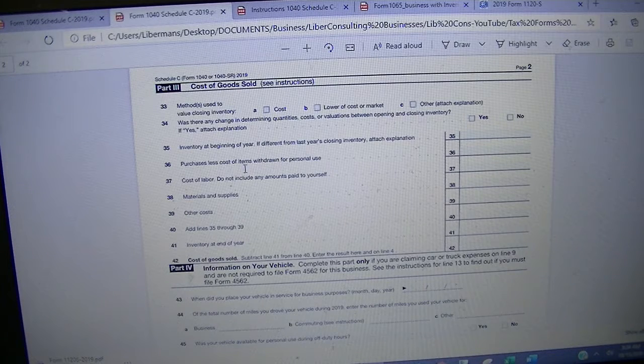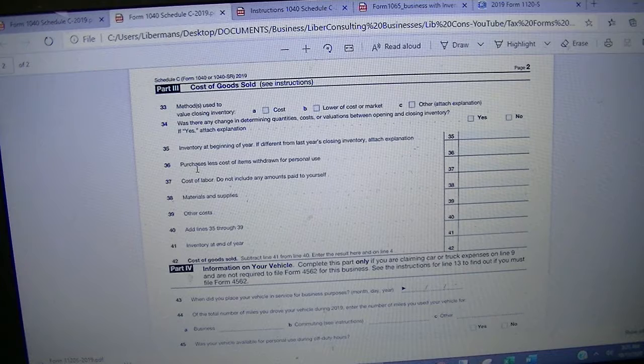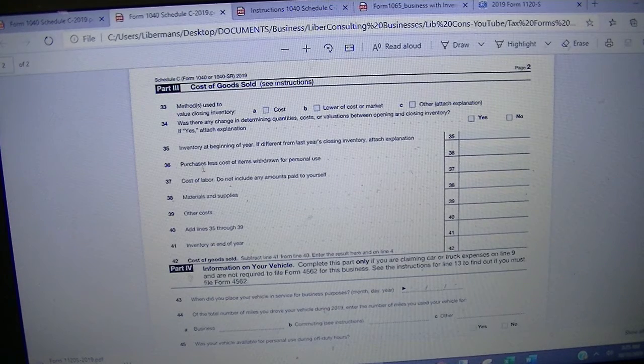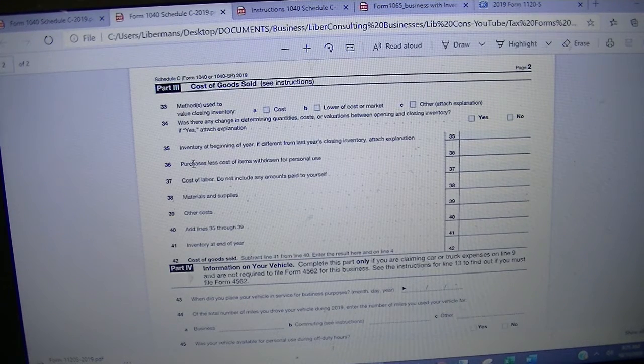What I would suggest though is purchases less costs of items withdrawn for personal use. I mean, if you know what you are doing, you could easily add it to your purchases here, because if your purchase costs you $1,000, but you put it on a credit card and you pay interest on it, and you end up paying maybe $200 in interest, pretty much your purchases didn't cost you $1,000, it cost you $1,200.